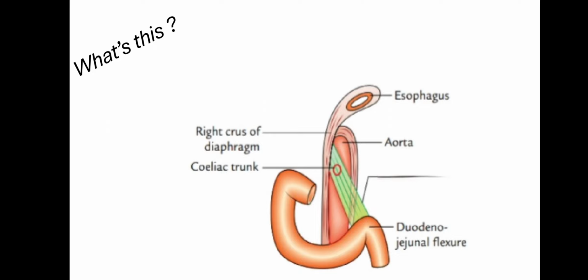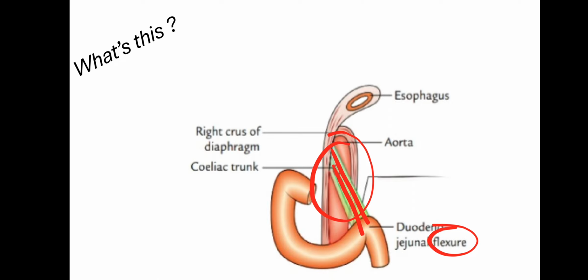Now that we saw that the root of mesentery is extending from the duodenojejunal flexure to the ileocecal junction, what is the structure that is helping to maintain this duodenojejunal flexure?